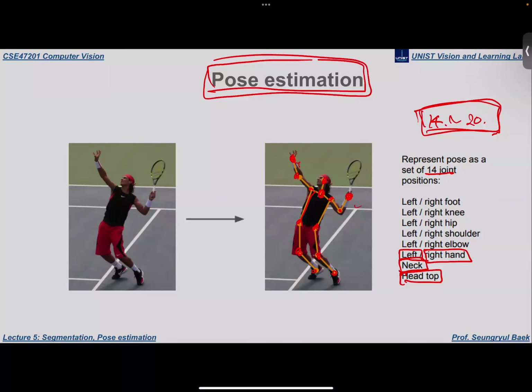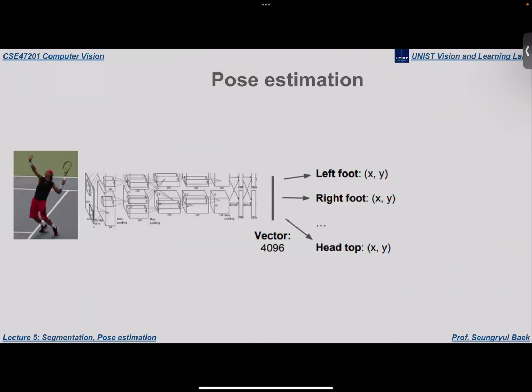And for collecting the training data, we have to annotate their XY positions. We first have to define the key points, and for collecting the training data, we have to collect their 14 key points' XY coordinates. And what we do for training the network for the pose estimation application is train this kind of CNN architecture to output 14 key point XY joints.